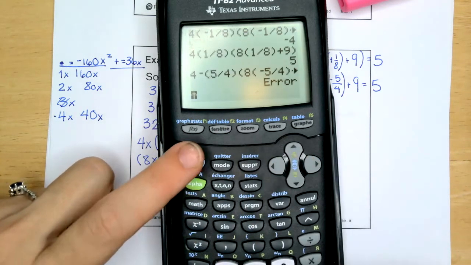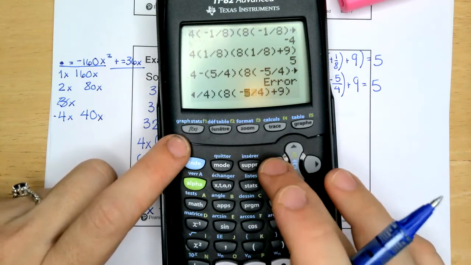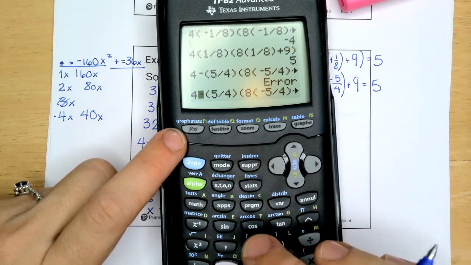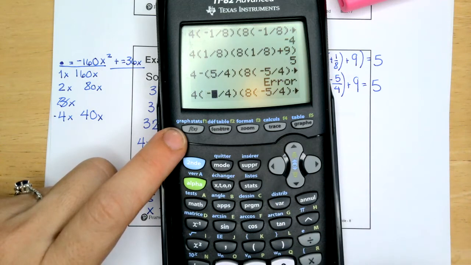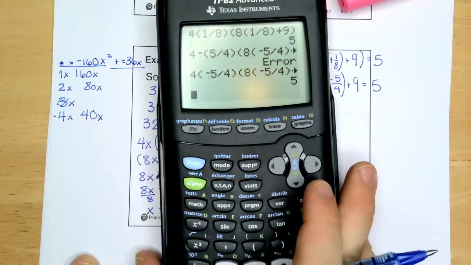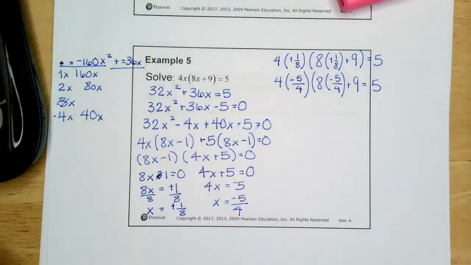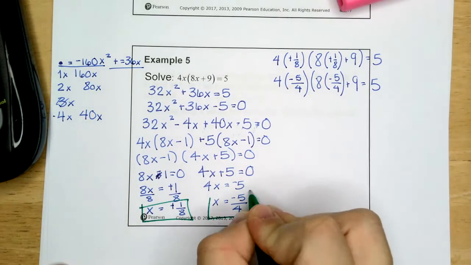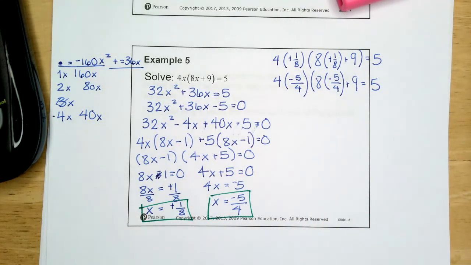Oh no. It was not faster. I always think it's going to be faster and something happens. All right, this is a parentheses, and then this is the negative 5. All right, we got it. Those both work. So x is positive 1/8 and x is negative 5/4.